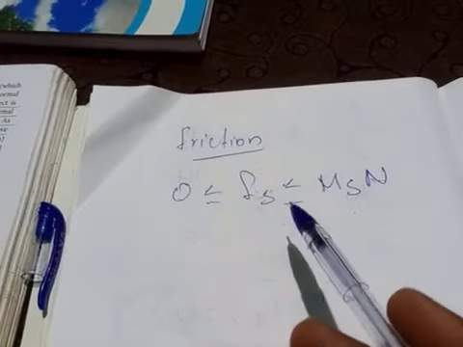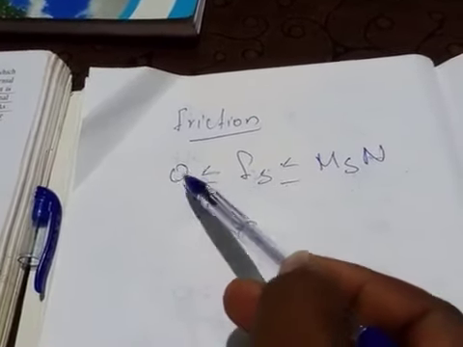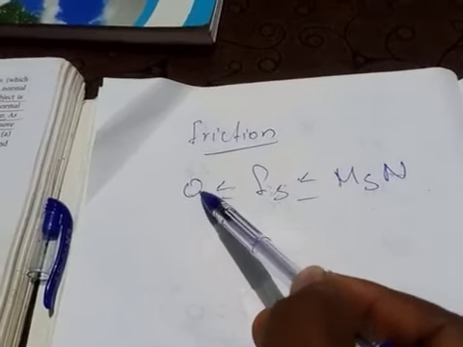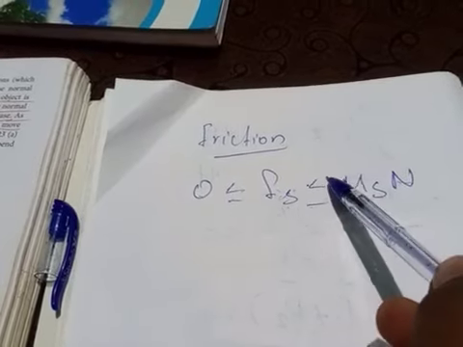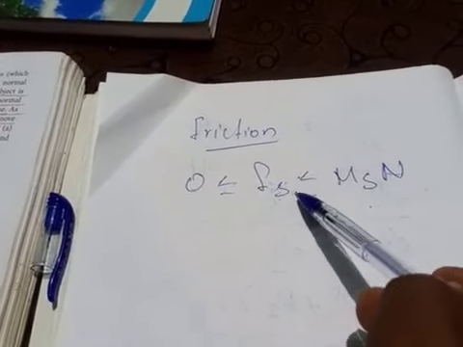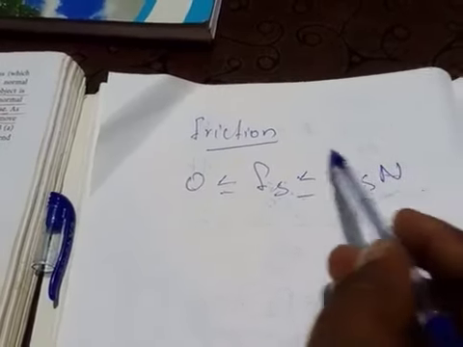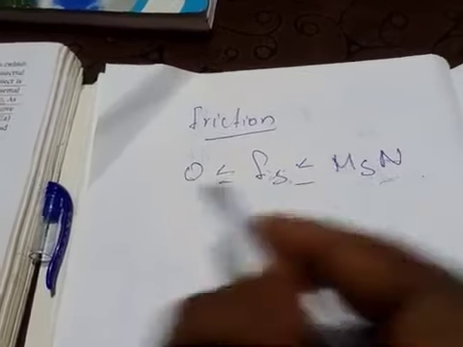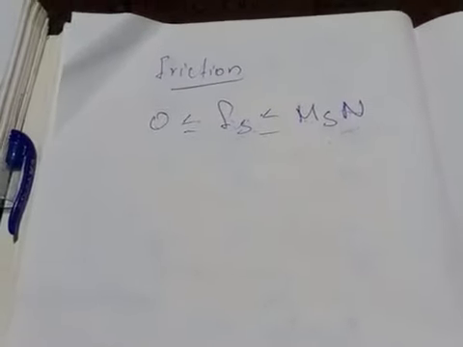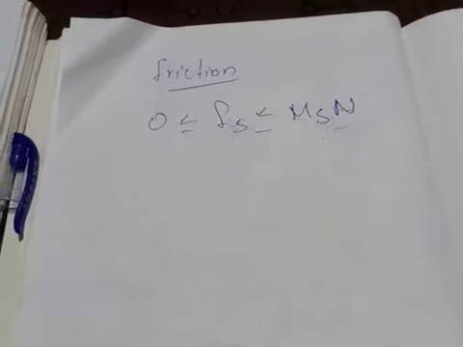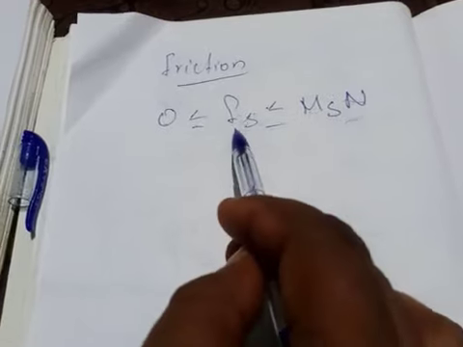Static friction is greater than or equal to 0, but it is less than the normal force. To make this relation, they are using this mu s, the coefficient of friction. This is the condition for static friction, and remember this one, it is a short answer, question number 8.